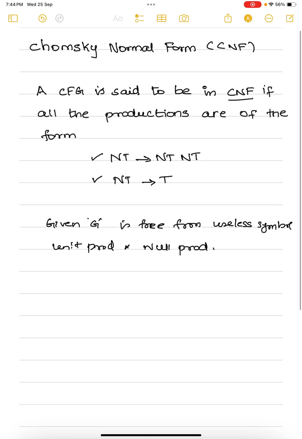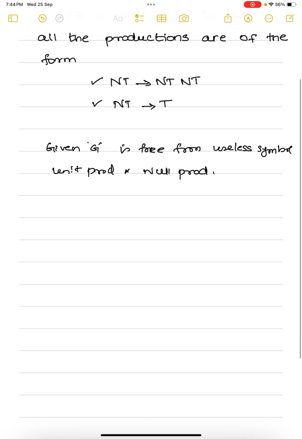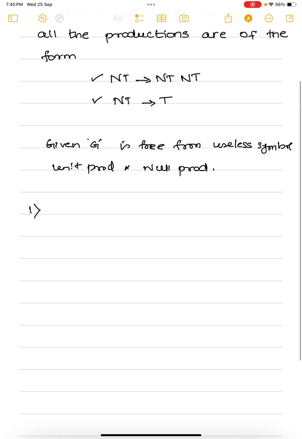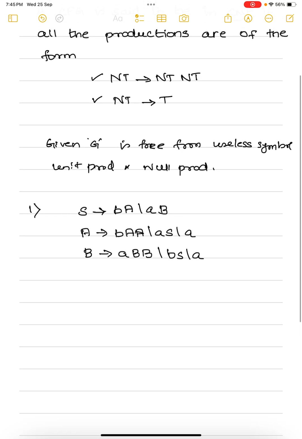Now we'll take one example and see how to convert a given grammar into Chomsky normal form. Let the set of productions in the grammar be: S goes to bA or aB, A goes to BA or AS or a, and B goes to AB or BS or b.